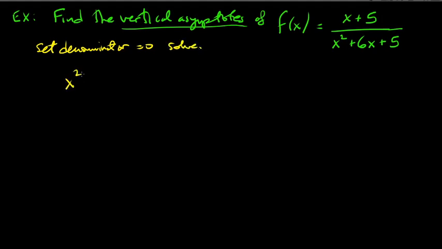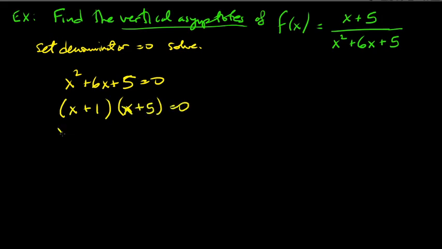So here the denominator is x squared plus 6x plus 5. You just solve this little quadratic equation. You can use the quadratic formula if you like. I'm just going to factor it. This is x plus 1, times x plus 5. So you get 2 solutions. You get x equals -1 and x equals -5. So what does that mean?